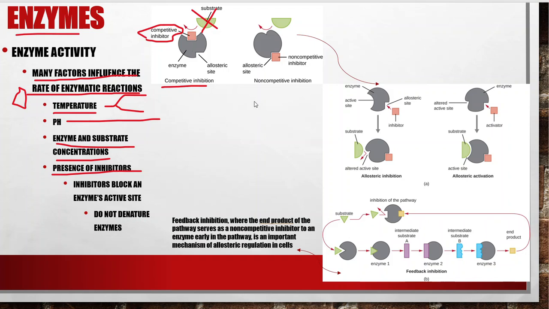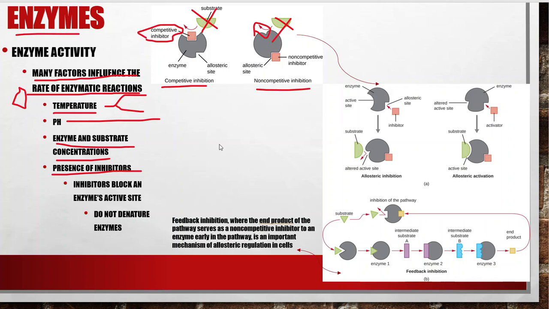Now, having said that, you could also have a non-competitive inhibition. We talked about cofactors and coenzymes turning them on. Sometimes these guys are always on, and if an inhibitor molecule binds there, it will actually turn them off. In this case, you see this is allosteric, that means it's not in the active site. It changes the enzyme's binding site so that the substrate cannot bind, and that's the point.